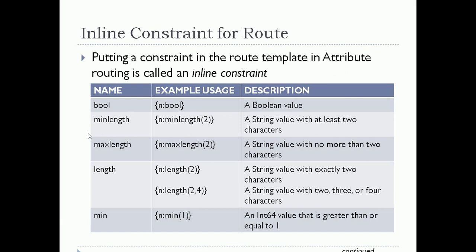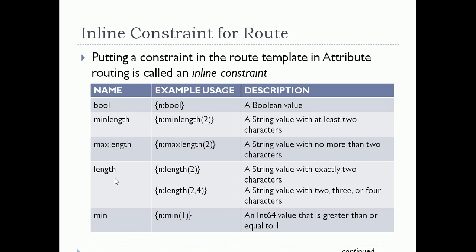Now one more is there, minlength. This minlength is applicable to string type data. So here it will take at least a 2-length string, not below that. At the most it can take any length of string. When we specify maxlength, it means at the most it will accept a string of length 2, and at minimum any length, meaning 1, 0, etc. Now whenever we specify the length attribute, it works exactly like minlength and maxlength.